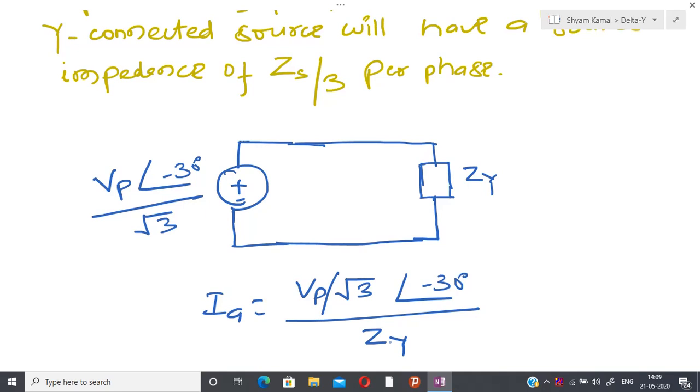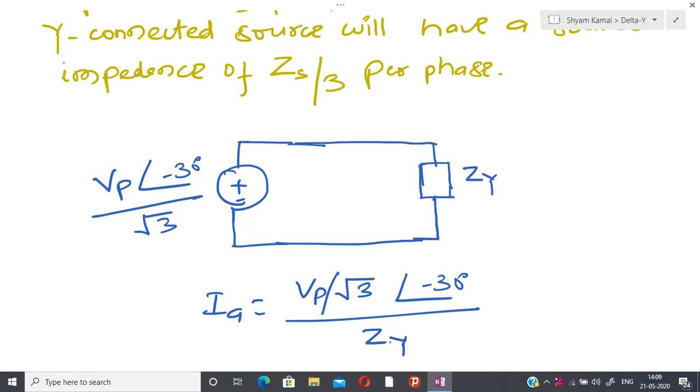It is easier to alter the load in any one phase of the delta connected loads, and this is possible because the individual loads are connected directly across the line.